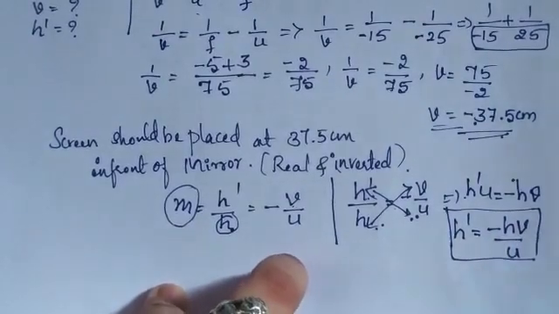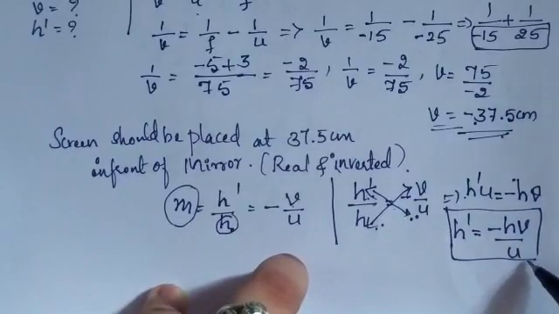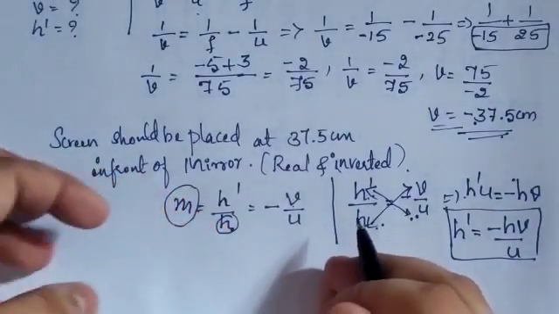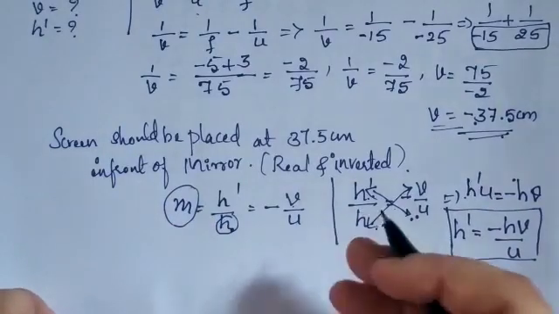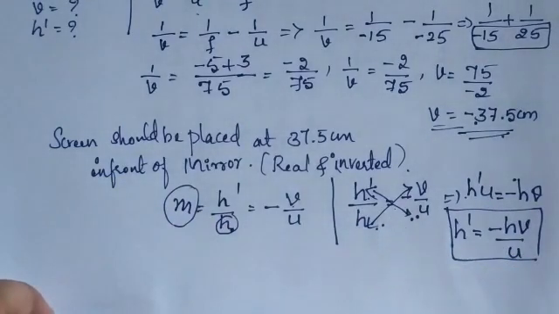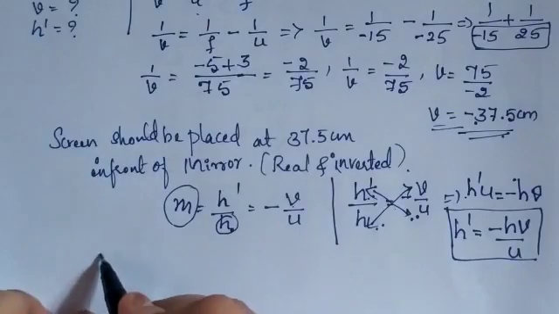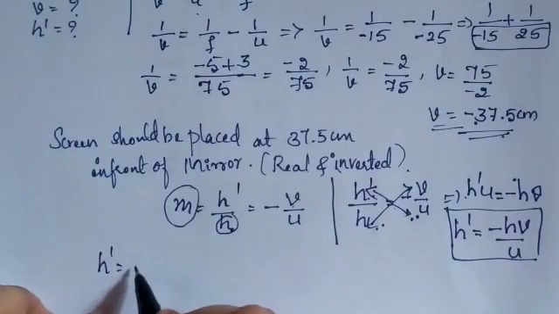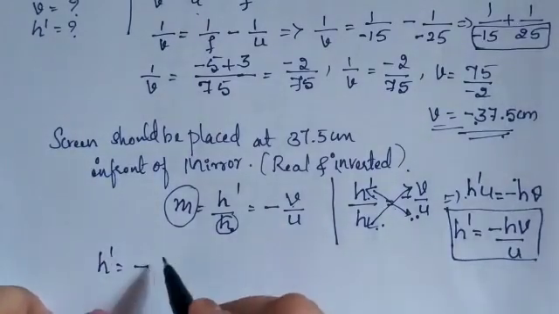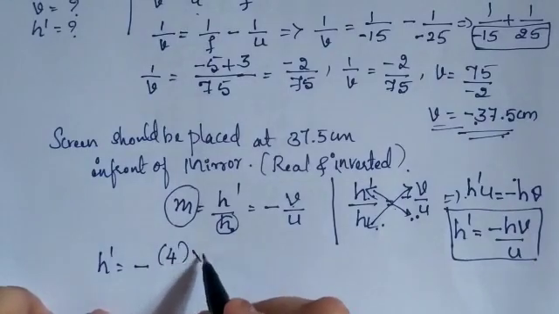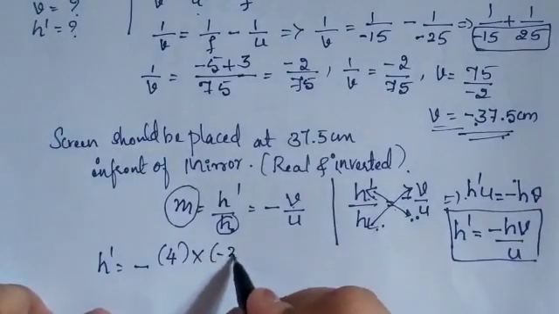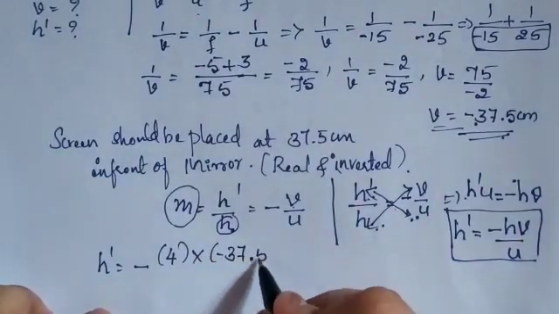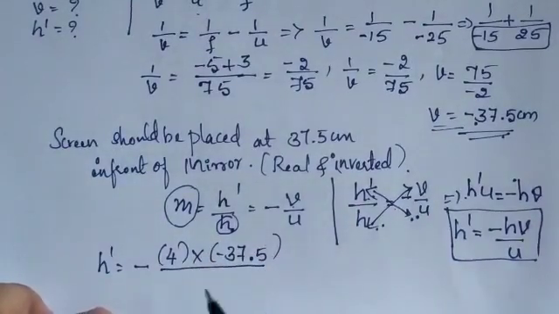So we know the h value, we know the v value, we know the u value. Now we can find whether the size of the image is smaller or larger. Let me substitute: h dash equals minus of h value 4 into v value 37.5 divided by u value, which is negative 25.